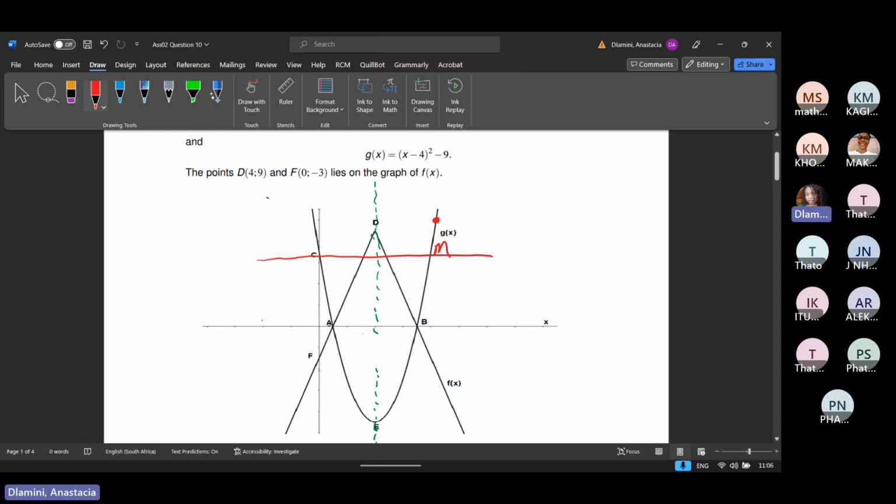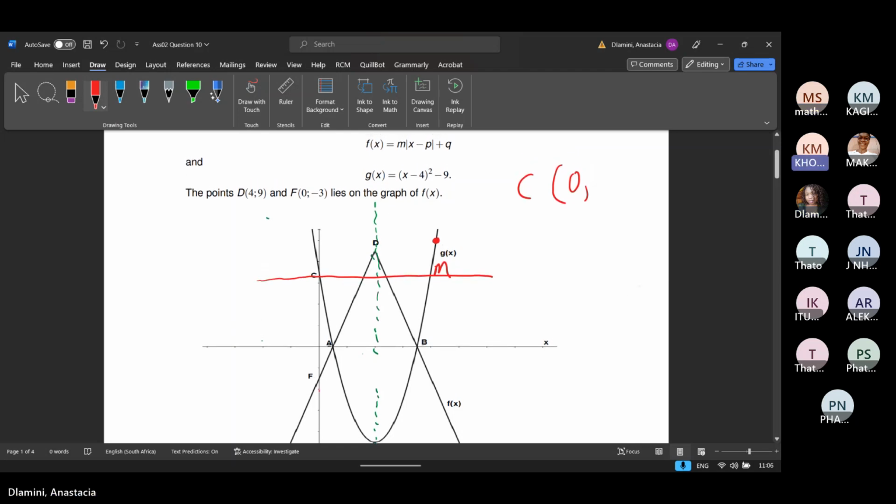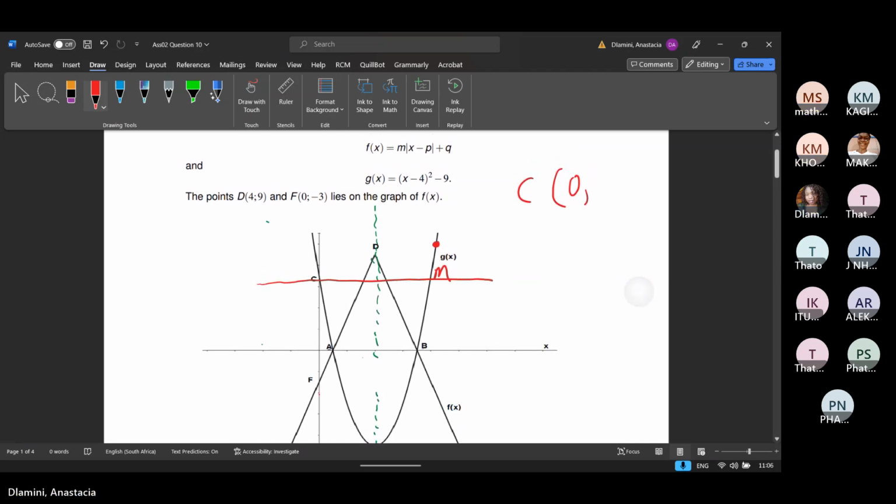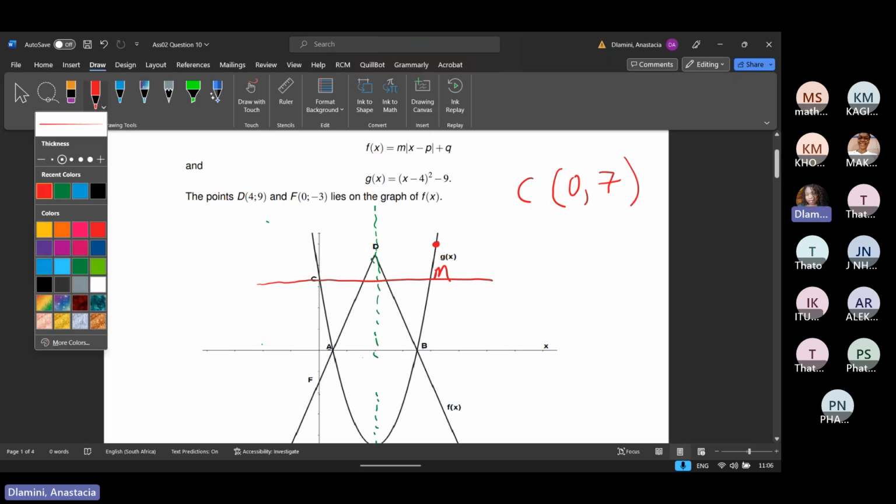So before we agree on something, we said C is what? 0 and what? 7. Are we all okay with why we got the 7? Okay, but I'll still explain it for those who are not.